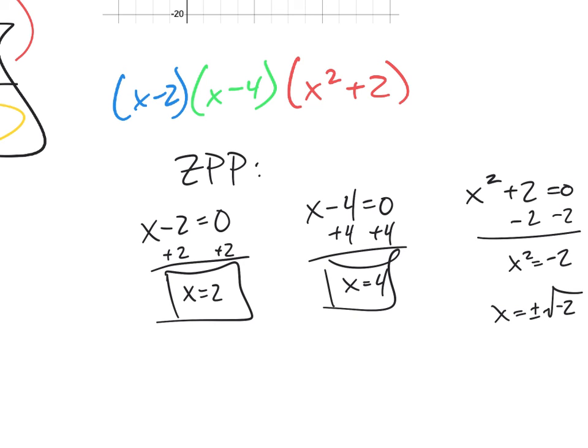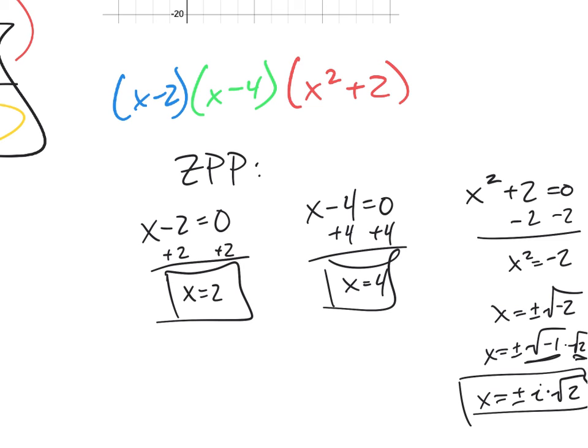Okay, so then remember that negative 2 is the same as negative 1 times 2. So x equals plus or minus the square root of negative 1 times the square root of 2. So this is i, and this we'll just keep as the square root of 2. So x equals plus or minus i times the square root of 2. There's our other two answers. We have one with a positive, one with a negative, that one, and that one. There we are.